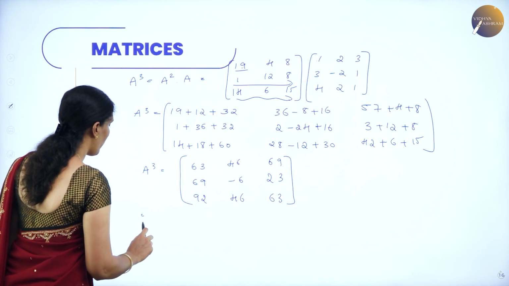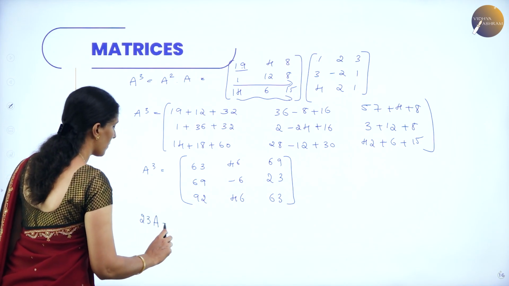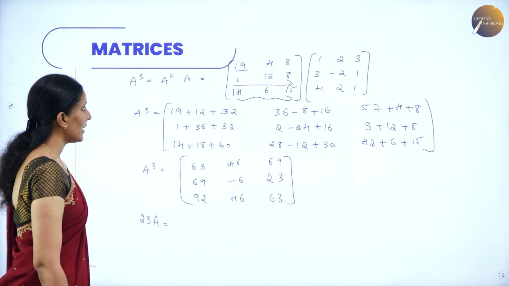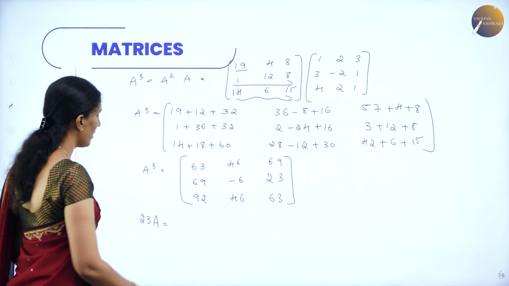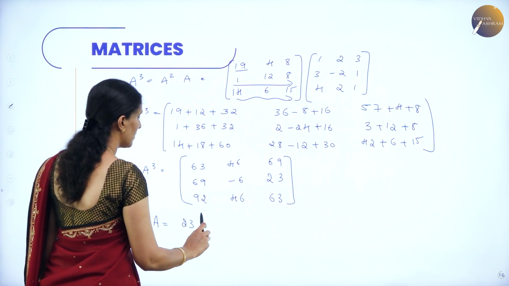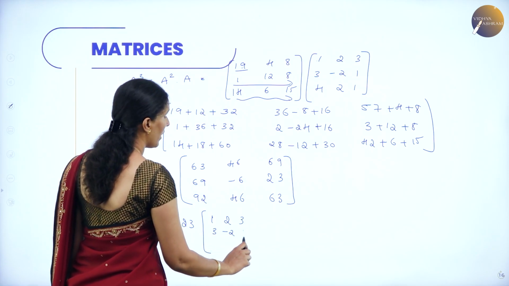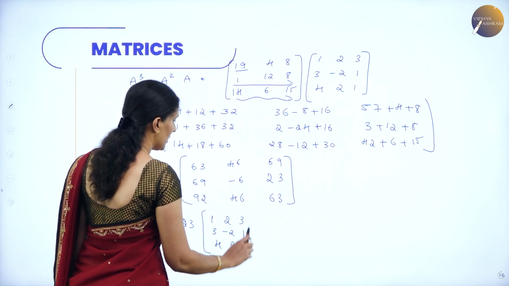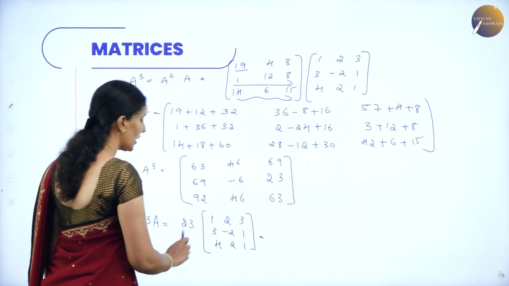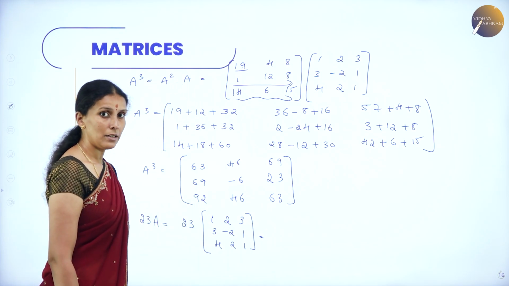Next we will find out 23A. So, 23A means we have A as 1, 2, 3, 3 minus 2, 1, 4, 2, 1. Just multiply 23 to all the elements inside the matrix.